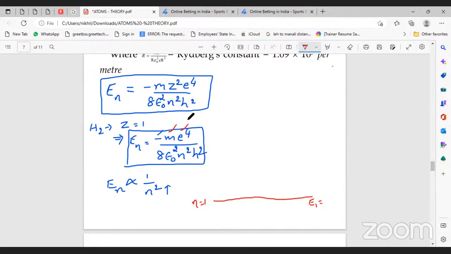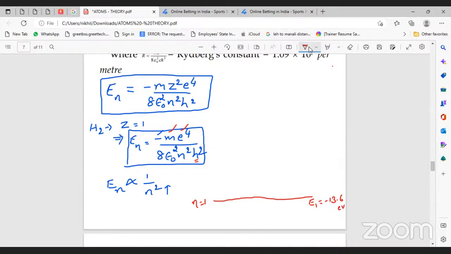Epsilon naught value is 8.854 into 10 raised to minus 12. h value is 6.625 into 10 power minus 34. If you substitute all those values, you get the value of E1 as minus 13.6 electron volt. So this is the energy in the first orbit.